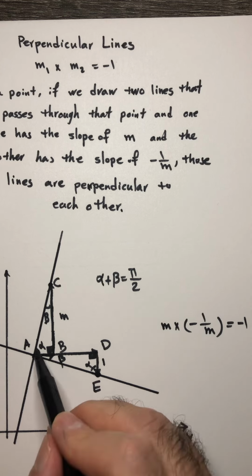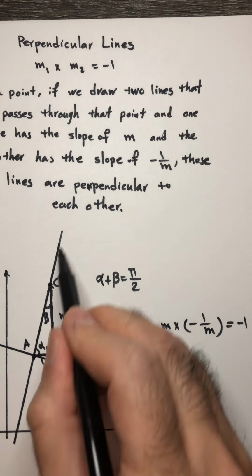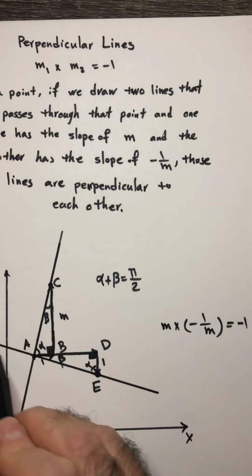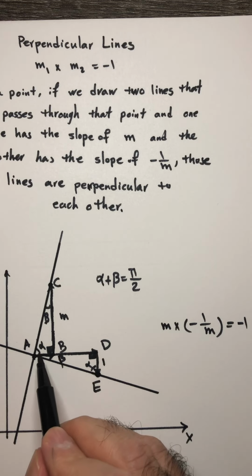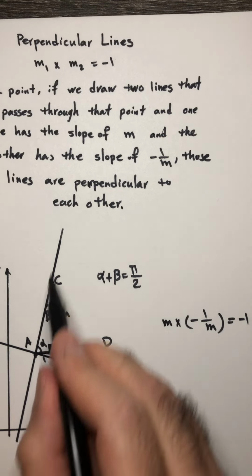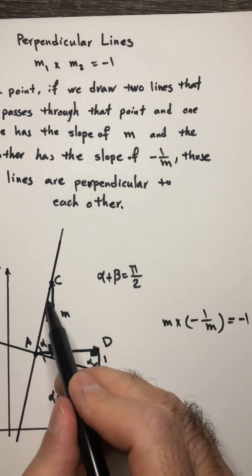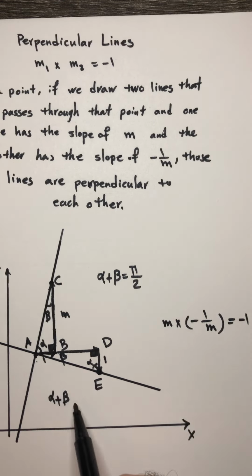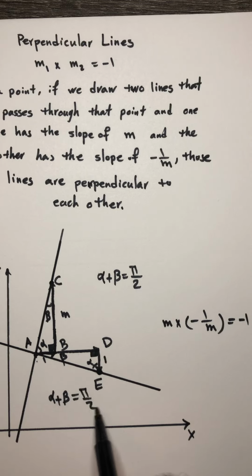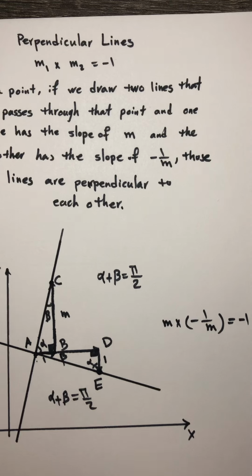So the angle between the first line and the second line is just alpha plus beta, and we showed that alpha plus beta is pi over 2, which means that this line is perpendicular to this line.